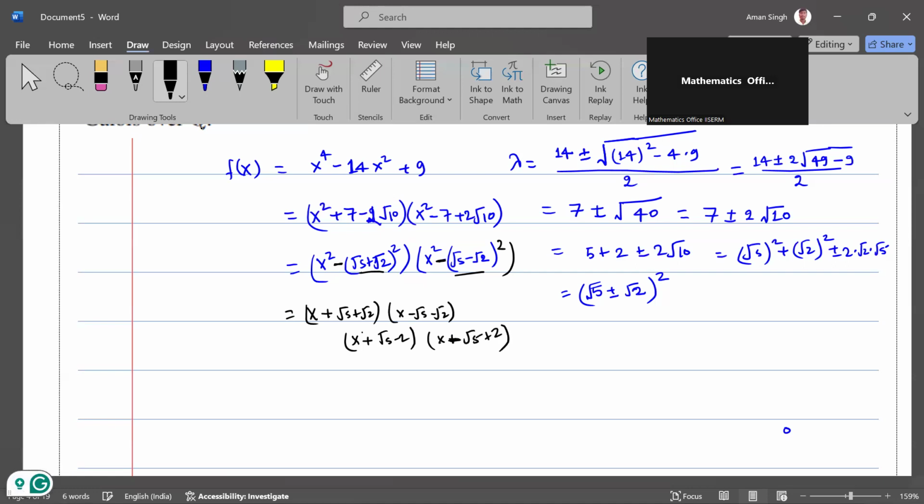So you are getting 4 roots. F has all four distinct roots, root 5 plus minus root 2.